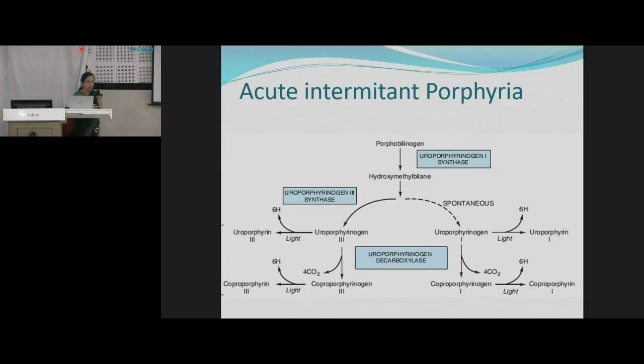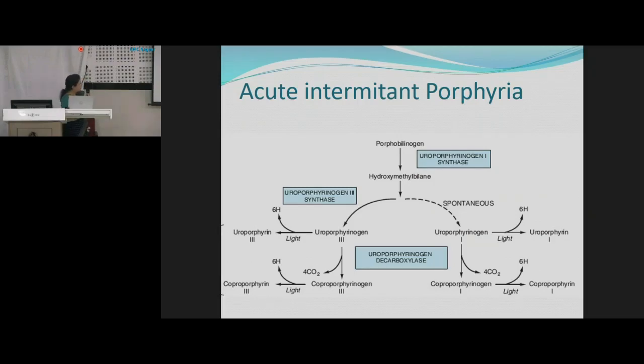So symptoms of abdominal pain may occur in case of porphyria because of the inhibition of nerve conduction due to inhibition of ATPase. So that is the main feature of the cause of the symptoms in case of acute intermittent. And the name also suggests intermittent. It means the symptoms occur on and off. Therefore, it is acute type, intermittent, and porphyria because there is accumulation of ALA and PBG.